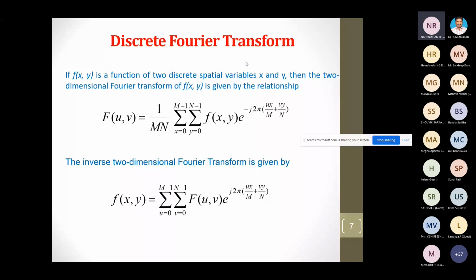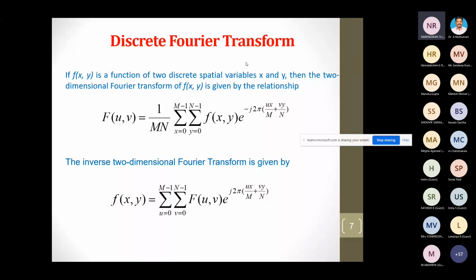It is the function f of x comma y, the intensity value at that position, multiplied by the complex exponential, as I told you. So e to the power of minus j, the complex exponential, into 2 pi within brackets, ux by m plus vy by n. The same terminology is available in both forms.